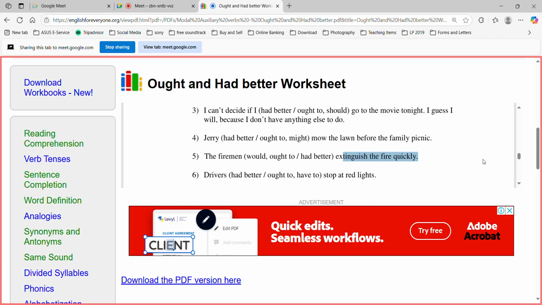All right. So, which one is the answer? Would, ought to, or had better? Had better, right? Had better is the answer for number 5. Because, like I said earlier, if you don't extinguish the fire quickly, your house will be burning into the flame.